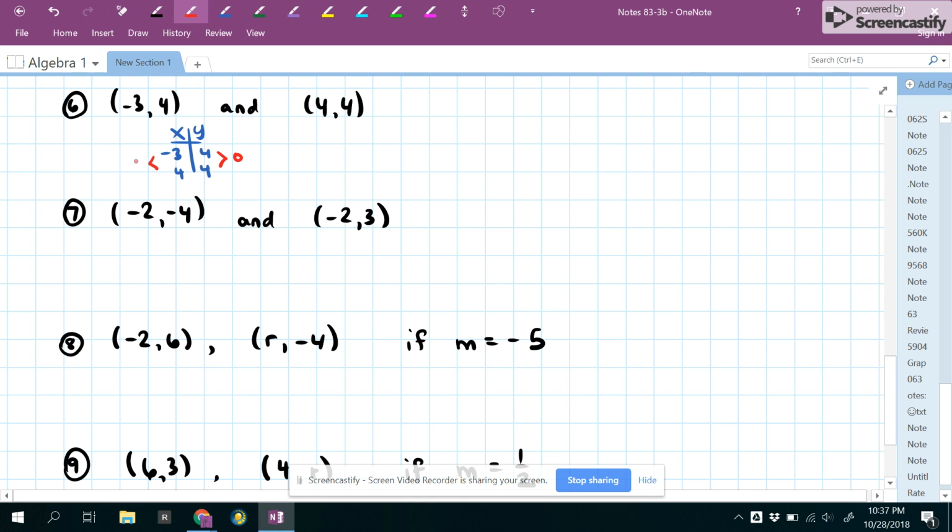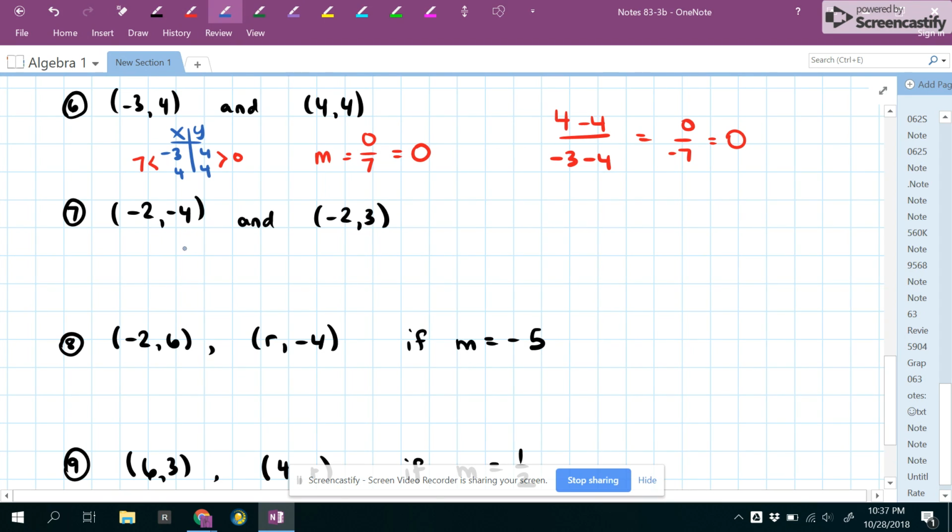But on the X's, there is a 7. So 0 over 7 is 0. And again, if you wanted to show that with subtracting, you could do 4 minus 4 over -3 minus 4. Always Y's over X's.